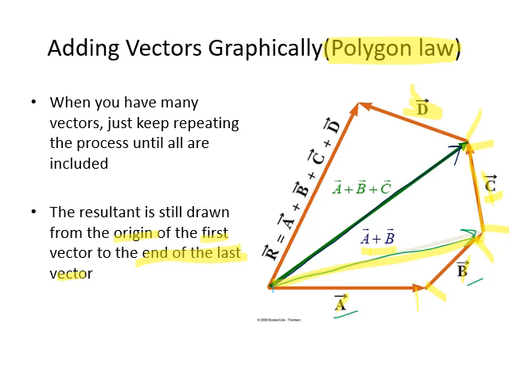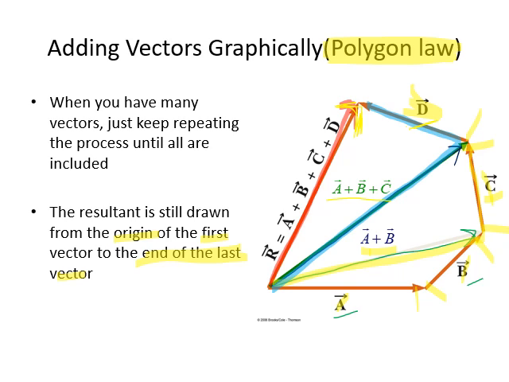So you will have this triangle, this triangle, this triangle, and this is the closing side of the triangle. This will give you the total resultant, and that will be your A plus B plus C plus D. So that is the total resultant of all the four vectors A, B, C, and D, and that is the closing side of this polygon taken in opposite order.